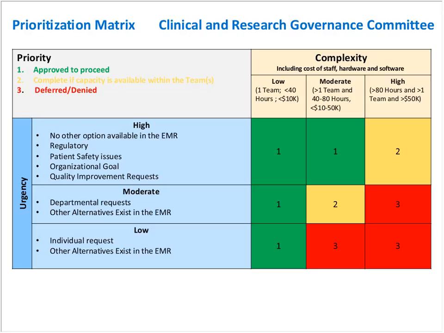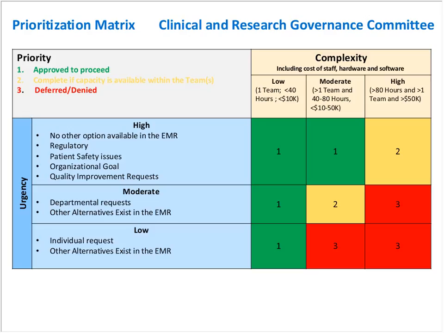And then on the left side, you can see the urgency. So in this particular committee, anything high would be no other option available in the EMR, patient safety, organization goal, things like that. And then low would be some individual request that's being made, other alternatives that exist in the EMR. So there's ways to combine these into grids and give the committee different views.